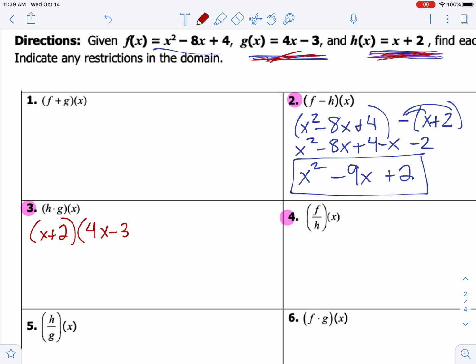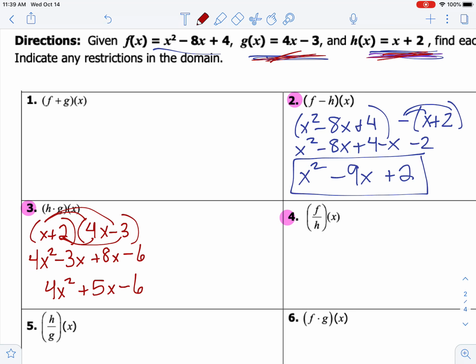And g next. When I distribute a binomial times a binomial, I have to use that FOIL or box method, whichever way you guys learned how to do that in middle school or Math 1. 2 times 4 is 8x. 2 times 3 is negative 6. Okay, I'm going to combine those middle 2 terms. Wonderful. That's my final answer.